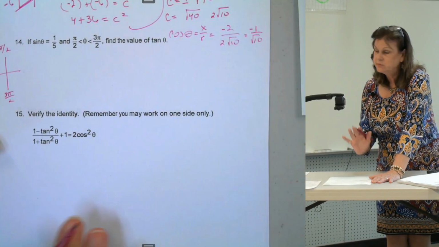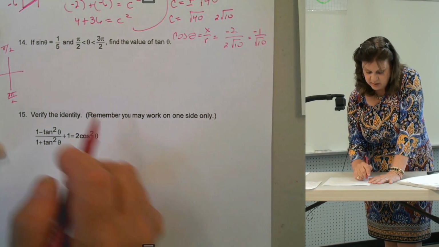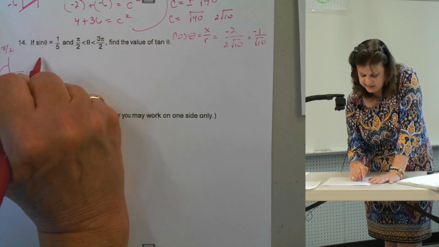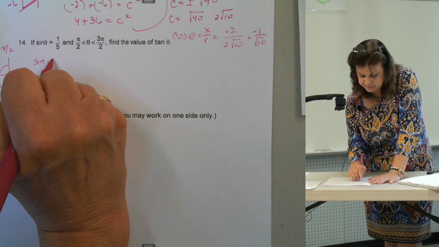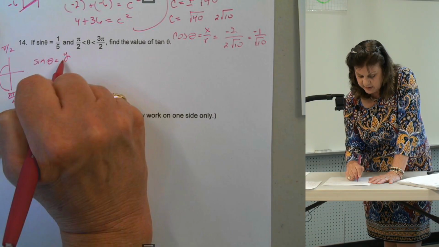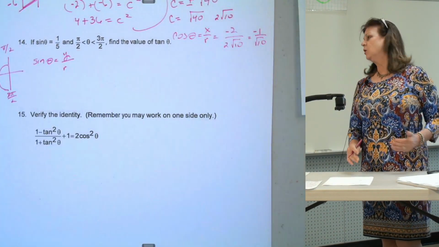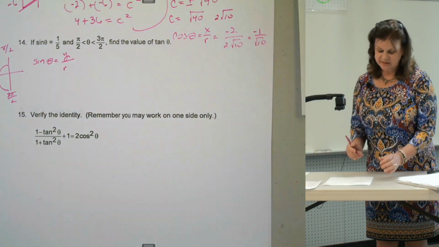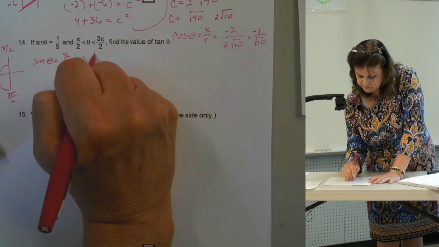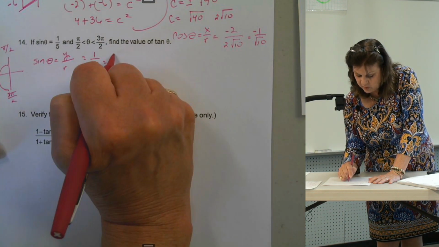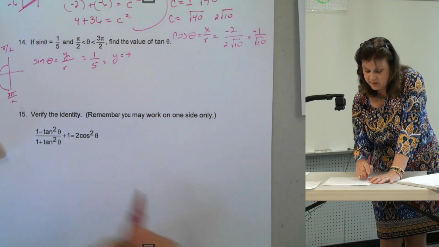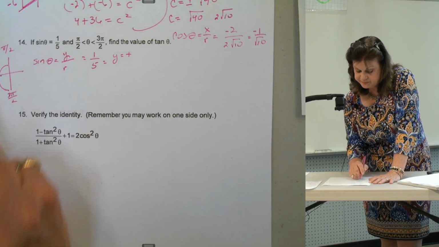Well, how do I determine which quadrant I'm in? Well, remember, sine is y over r, and r is always positive. So if my sine value is positive, that means the y has to be positive. So I know I'm in quadrant 2.